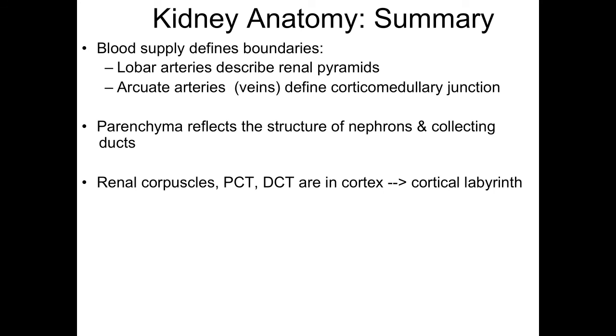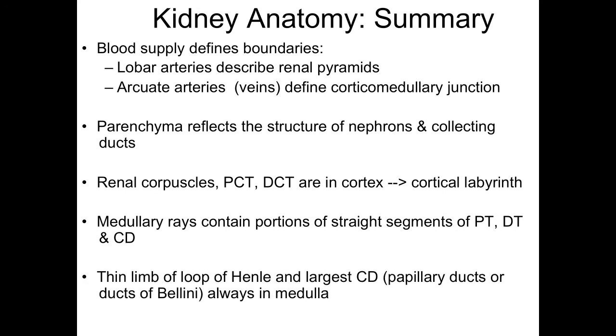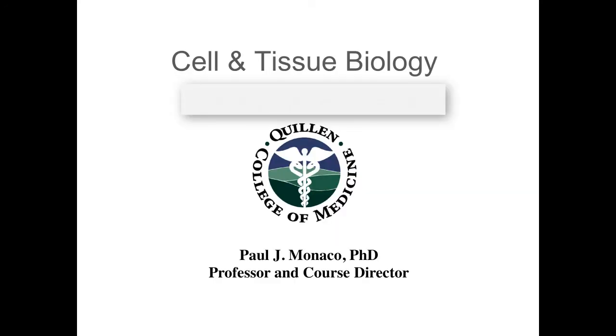Renal corpuscles, the proximal convoluted tubule and the distal convoluted tubule, are in the cortex, and this is sometimes called the cortical labyrinth. And the medullary rays contain portions of the straight segments of proximal tubules, distal tubules, and the collecting ducts. The thin limb of the loop of Henle and the largest collecting ducts, or papillary ducts, sometimes called ducts of Bellini, are considered medullary structures.